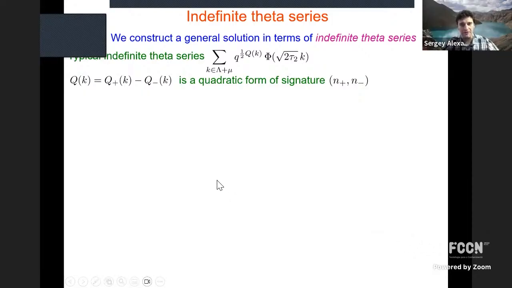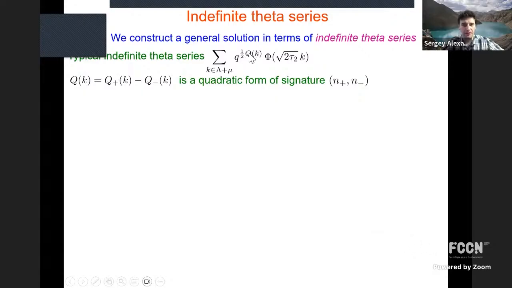Since the solution is based on the indefinite theta series, let me explain a few facts about these objects. So how do you construct them? Usually a theta series is constructed as a sum over a lattice of the standard parameter q, which is exponential of 2 pi i tau, to the power of a quadratic form evaluated on the vector running over the lattice.